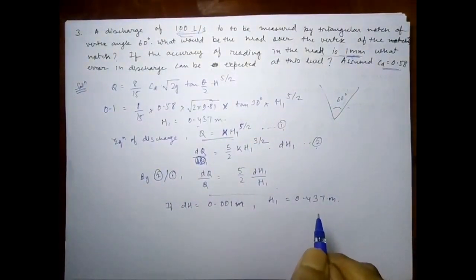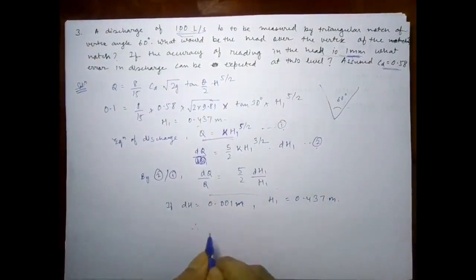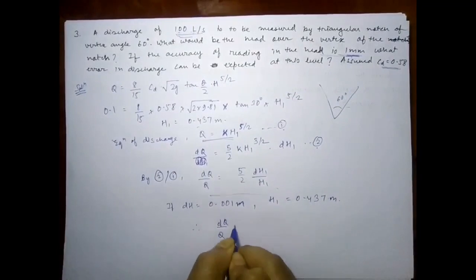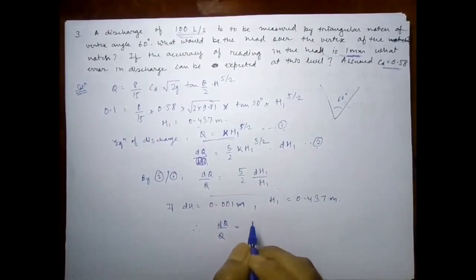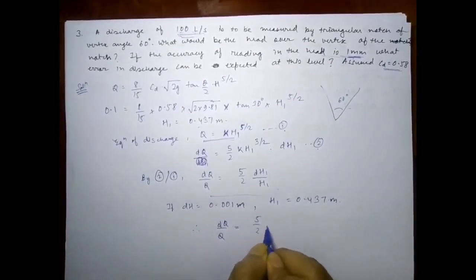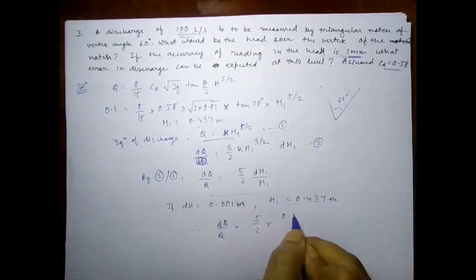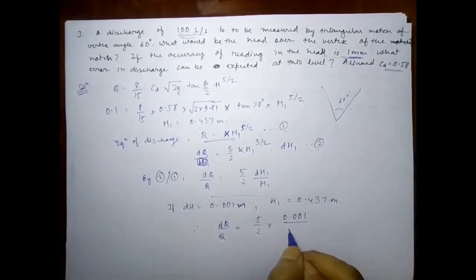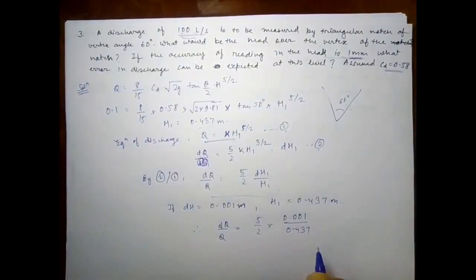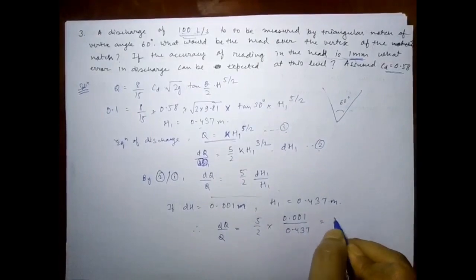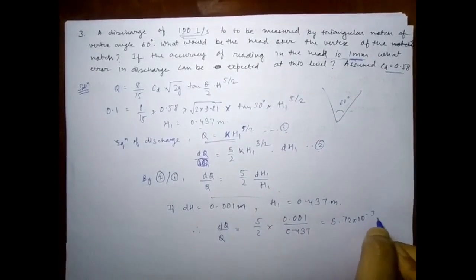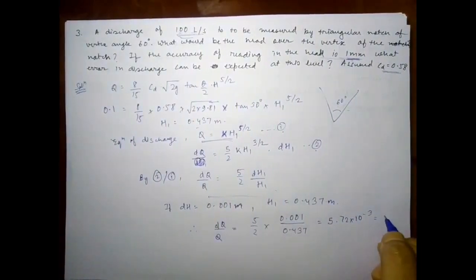Therefore dQ by Q is equal to 5 by 2 times dh1, which is 0.001, upon h1, which is 0.437, and that will be equal to 5.72 times 10 to the power minus 3.